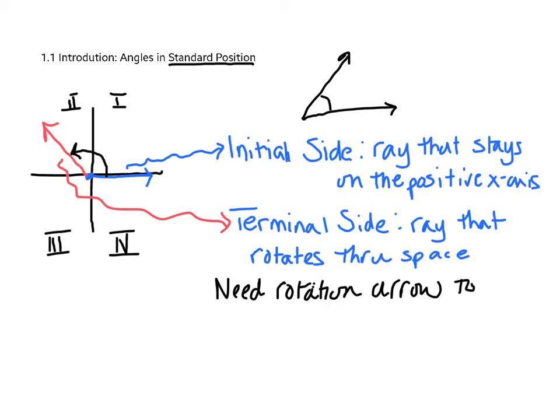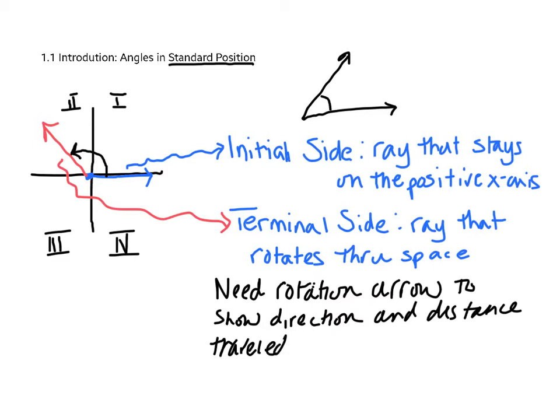To show the direction and distance traveled by the terminal side. Okay. Angles that rotate upwards are positive angles.